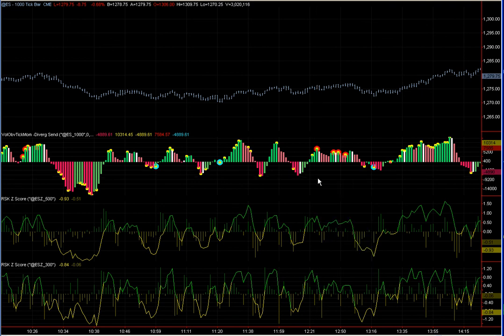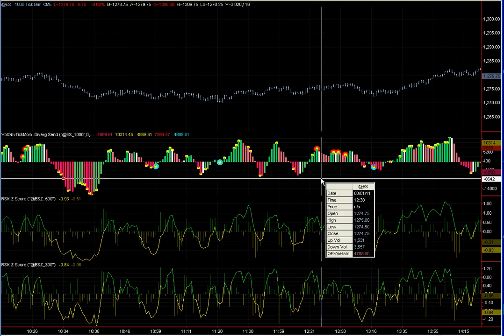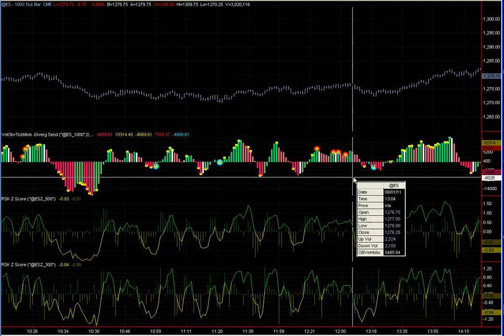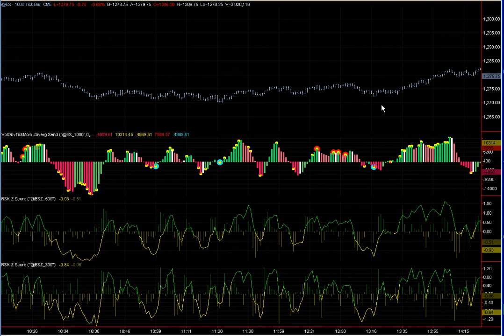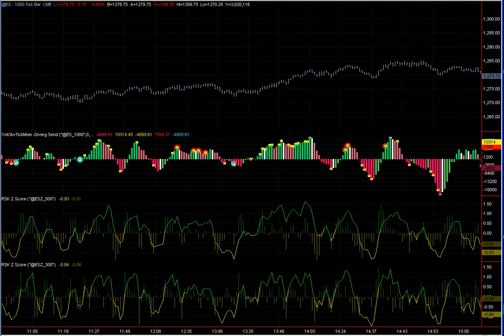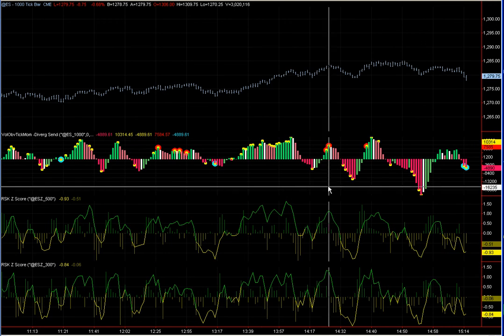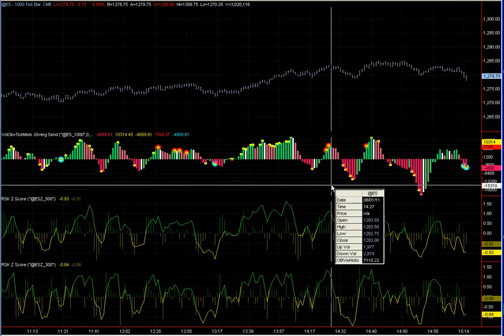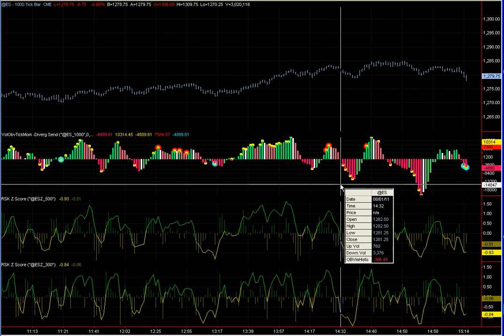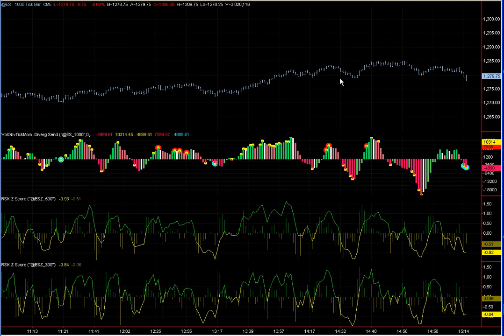Let's look at the short trade side. Divergence, but the z-score is not really moving below the zero line. It finally does over here, and the market drops off just a little bit. Another divergence on the short side here. The z-score drops below, but we've already moved down quite a bit.